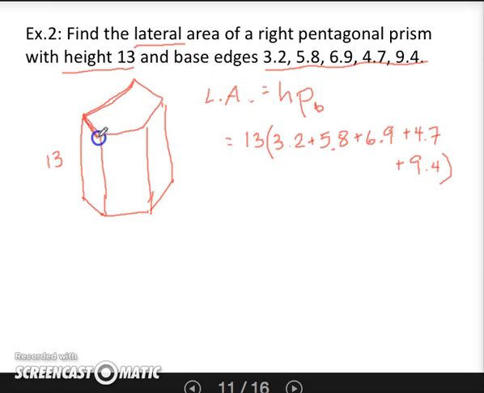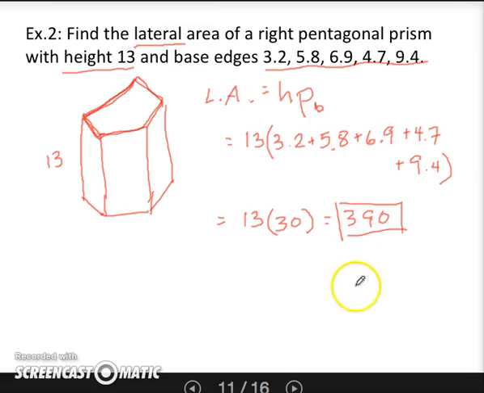That is how we travel all the way around one of these pentagons. So when we add up all these numbers together, we get, conveniently enough, 30. So we have 13 times 30, which gives us 390 square units. And we are not asked to find the total area, just the lateral area. So we're done.